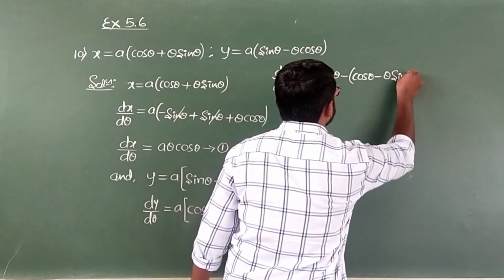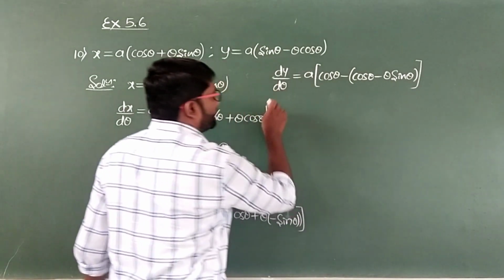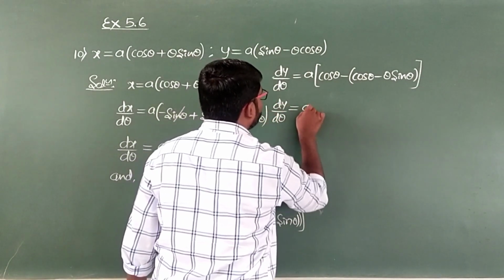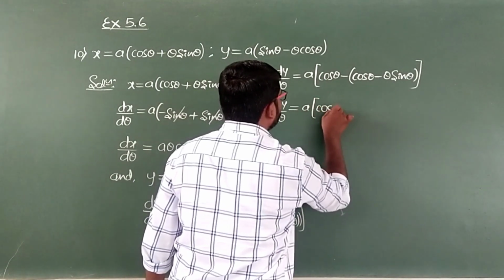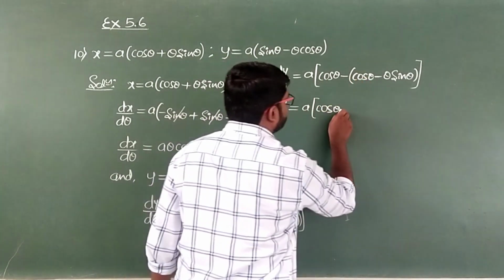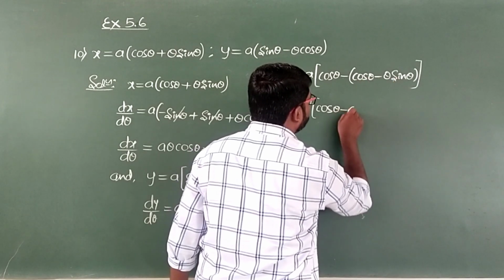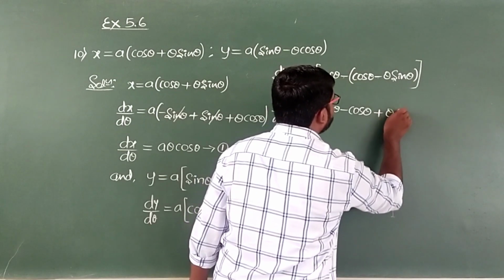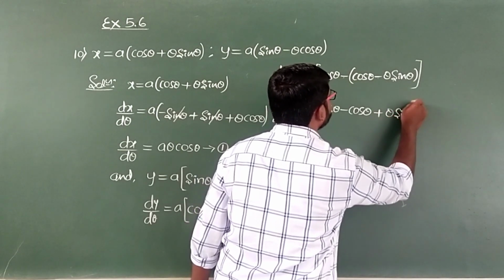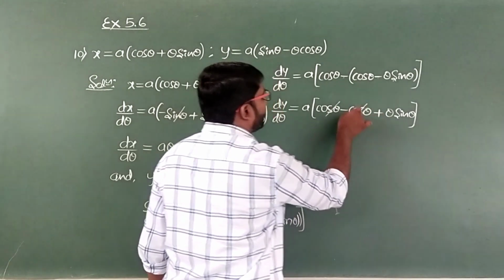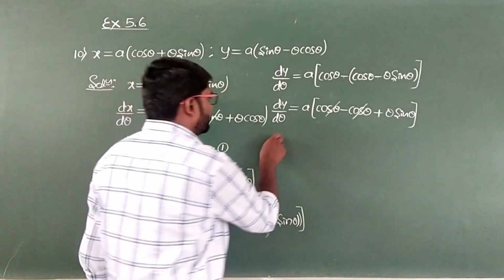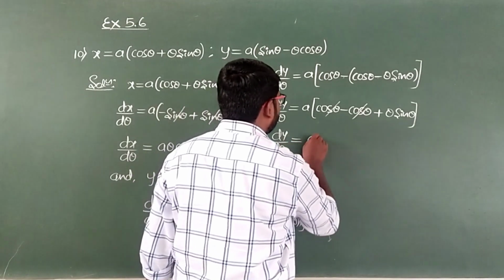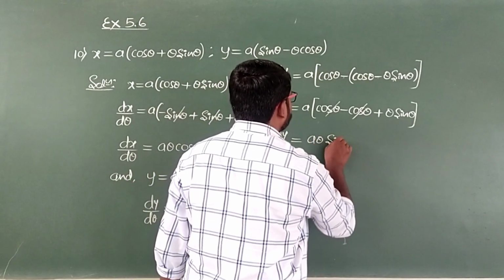Now simplify this further: dy by d theta equals a times cos theta minus cos theta, multiply minus with these two terms, we get minus cos theta, and minus into minus will be plus theta sin theta. Now plus cos theta and minus cos theta cancel, so we are left with dy by d theta equals a theta sin theta.